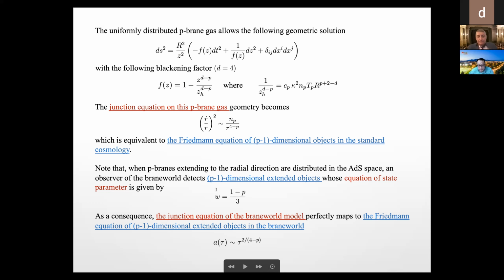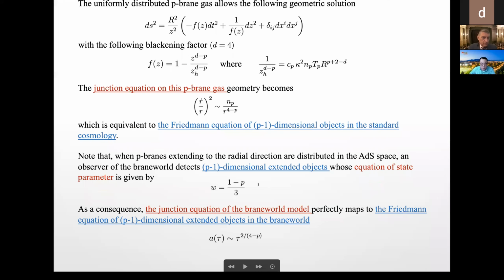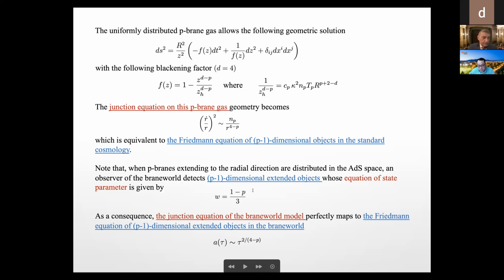We understand this because we consider a p-brane which extends in the radial direction of the AdS. To an observer living on the brane, he detects a p minus 1-dimensional extended object. When you consider a p minus 1-dimensional extended object, the equation of state parameter is given by this one.